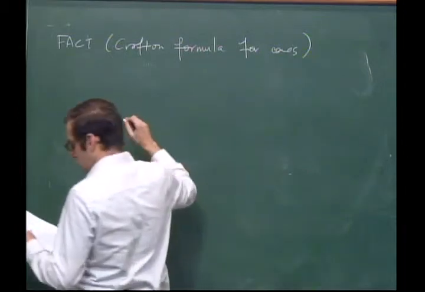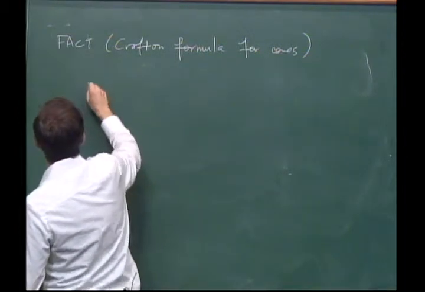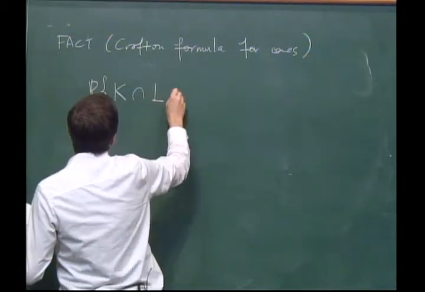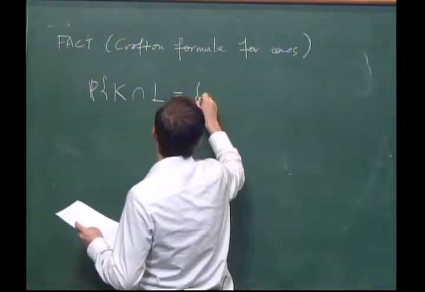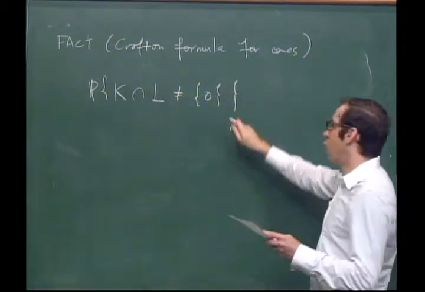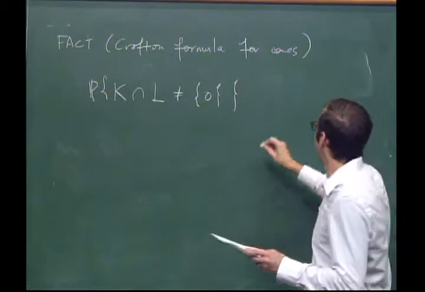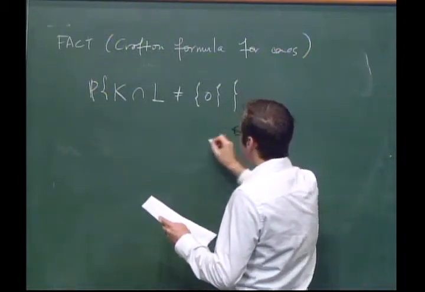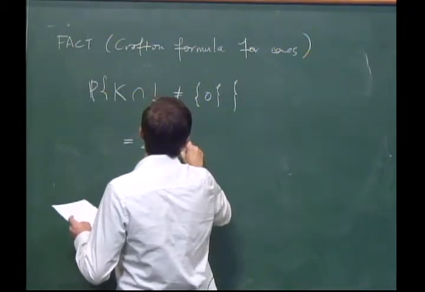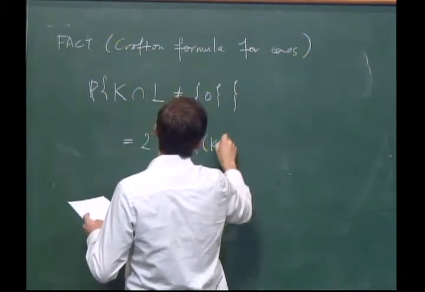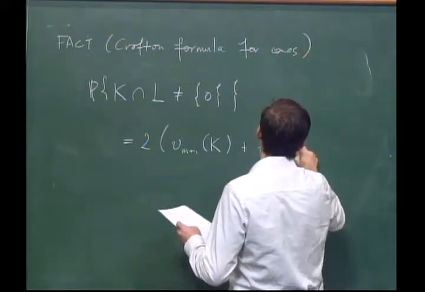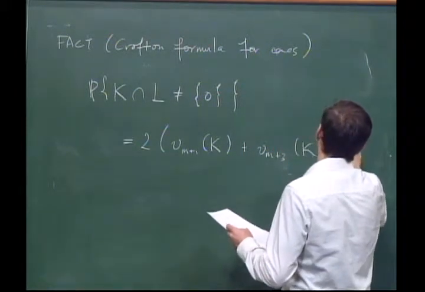And this formula says that the probability that this random subspace and this cone have a ray in common can be written as twice the sum of some numbers that I'm going to call Vj, which depend on the cone.